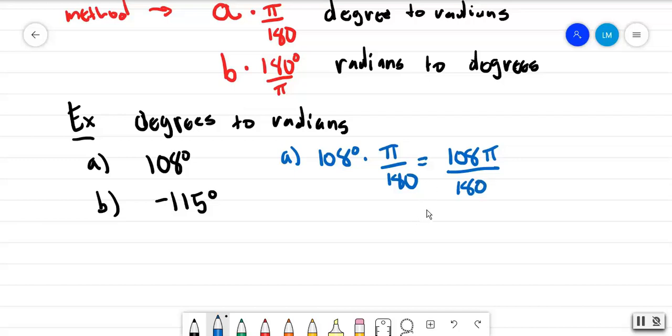So we can reduce this even further: 36 times 3 divided by 36 times 5, times pi. So that equals 3/5 pi. So the answer is 3/5 pi.